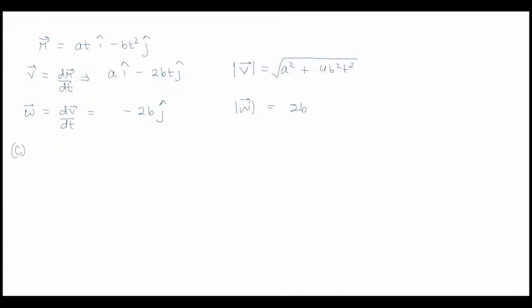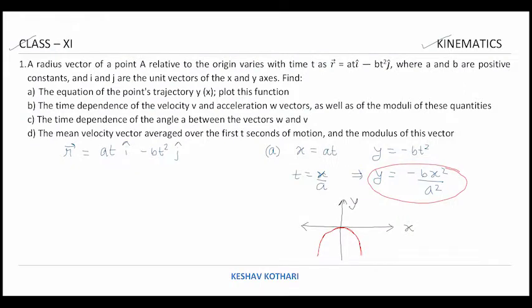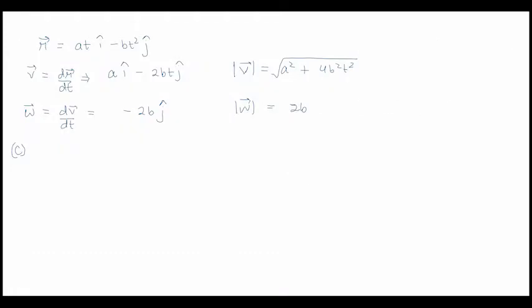Now let us deal with the third part, which asks the time dependence of the angle between the velocity and acceleration vectors. To calculate the angle between them, we use the concept of dot product. So cos alpha is equal to v dot acceleration upon magnitude of v times magnitude of acceleration. Performing the dot product, only j cap gets multiplied and we obtain 4b²t upon magnitude of v, that is the square root of a² plus 4b²t², times the magnitude of acceleration, which is 2b.